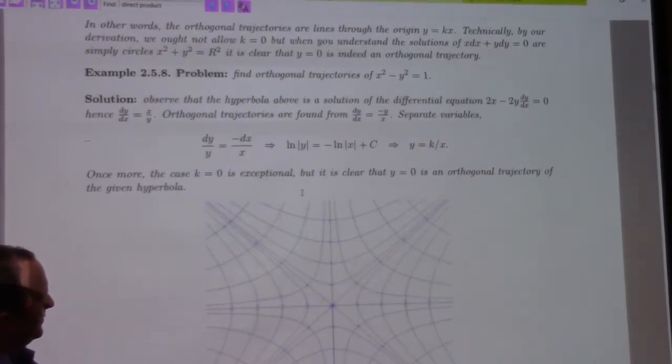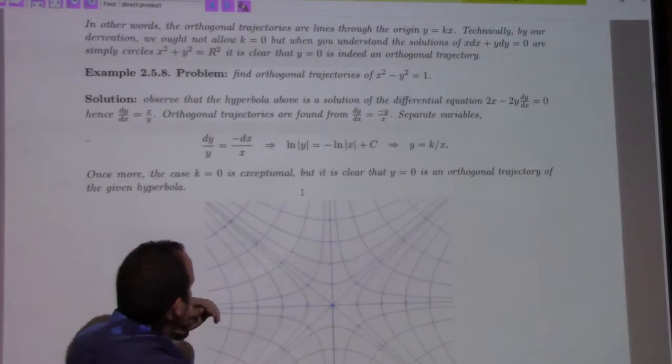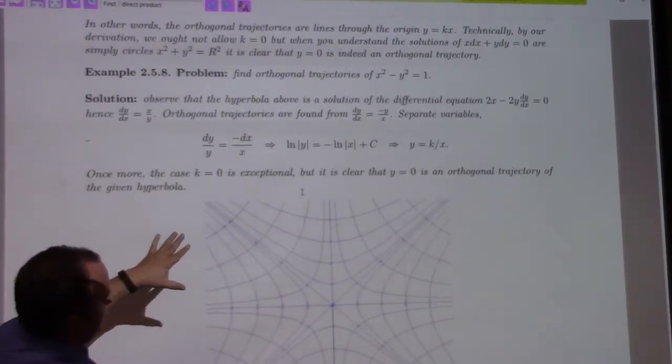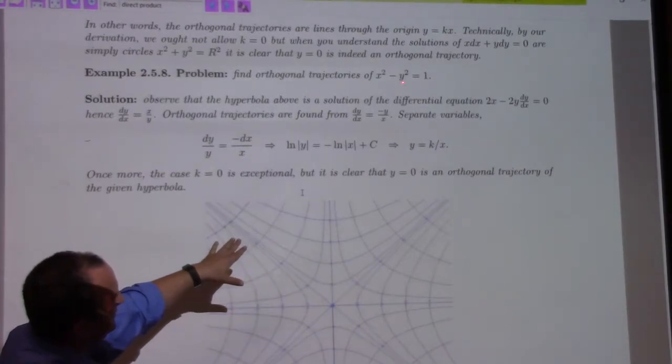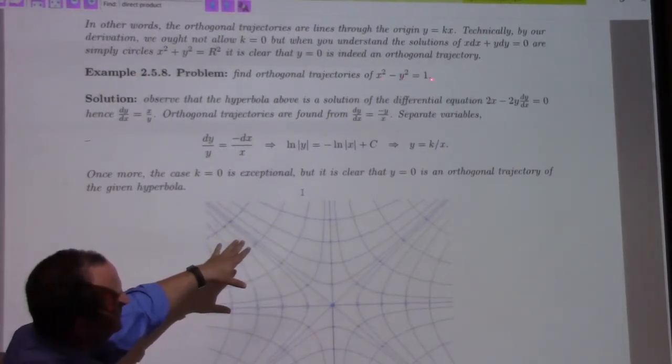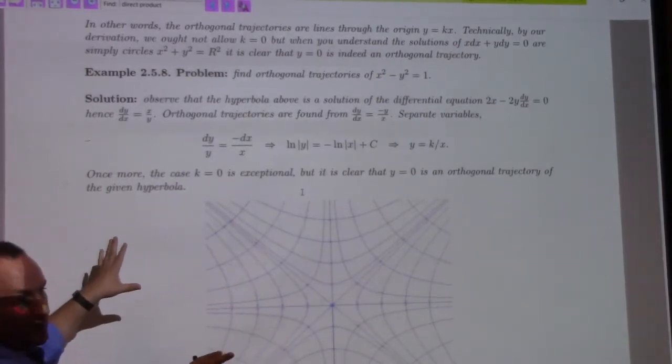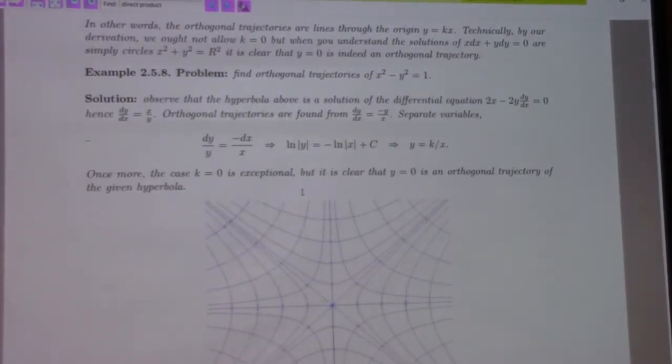Here's a picture of both. I mean, technically x squared minus y squared equal to 1 is just one hyperbola. But what we're looking at here is not just that, we're looking at x squared minus y squared equals a constant. As that constant varies, it gives you a family of hyperbolas which open with respect to either the x or y coordinate axes.